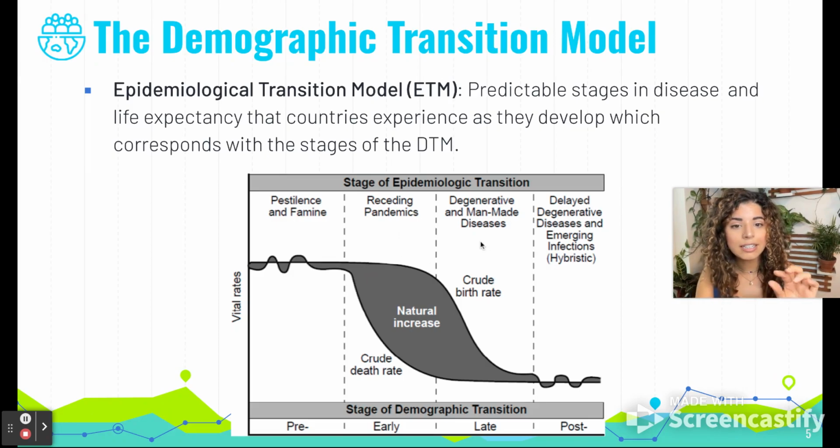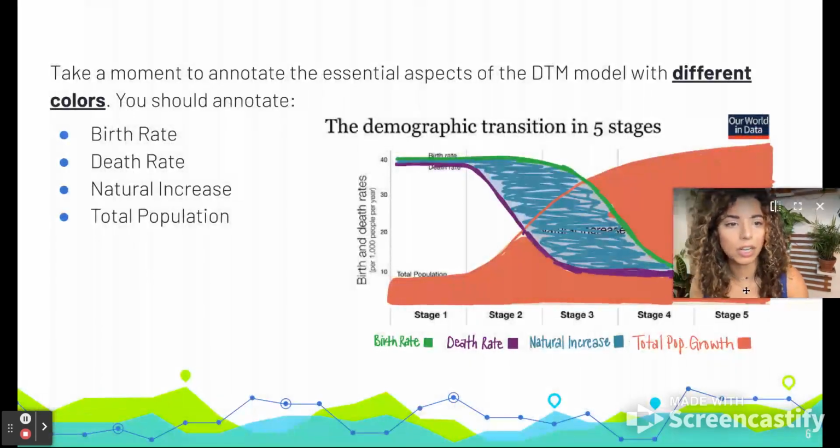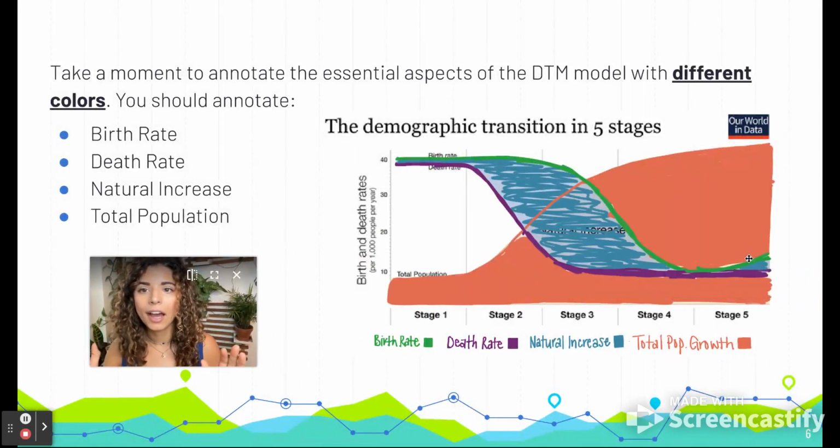Epidemiological transition is specifically the change in death rate and the reasons why that's happening. So we see essentially people passing away in earlier stages of the demographic transition model for different reasons than in later stages. We'll talk about all that here, don't you worry.